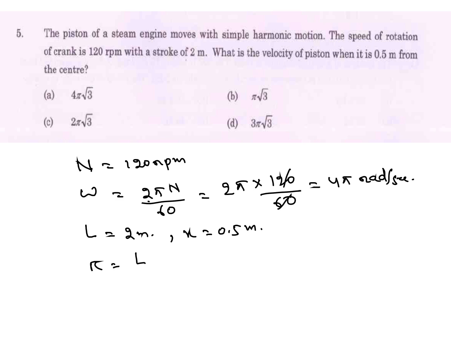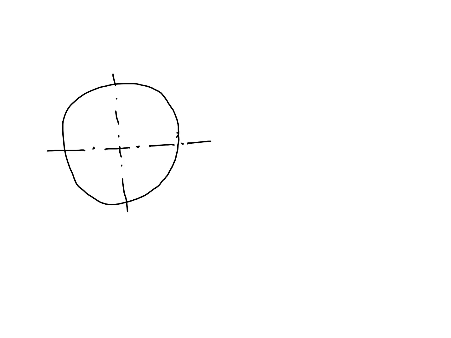Here distance is x. This distance is x from center. So in this point, if it is rotating anti-clockwise, we have to calculate the velocity. This is r, radius.